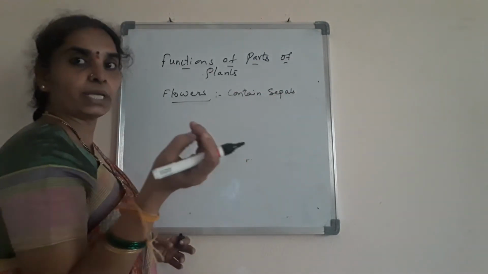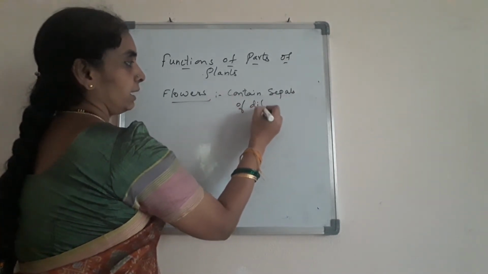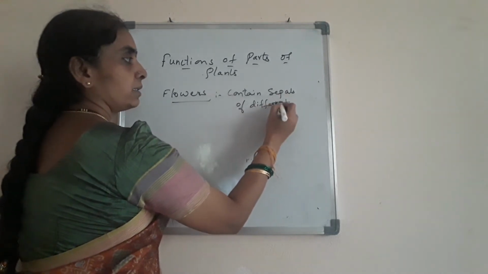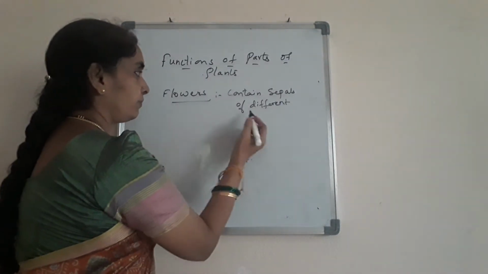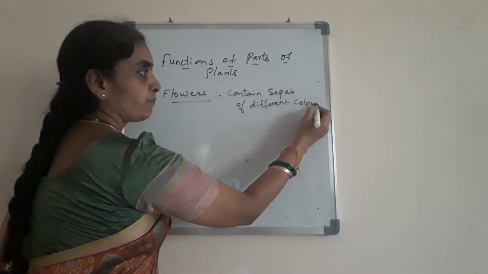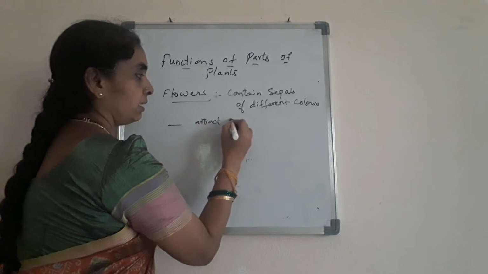Petals are green in shape and sepals are of different colors, which help the plant with reproduction, that is, pollination. So they contain sepals of different colors. They attract insects for pollination.